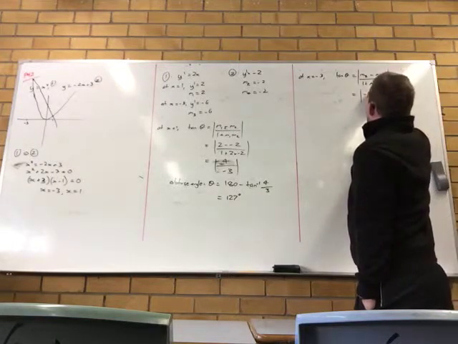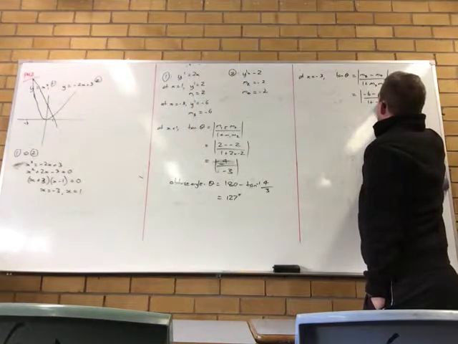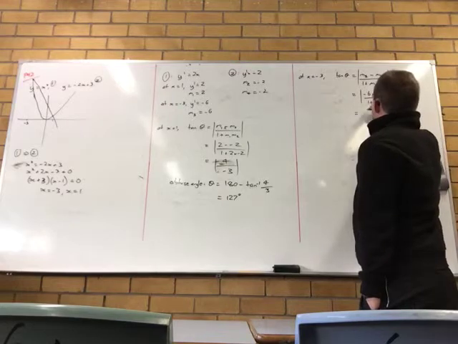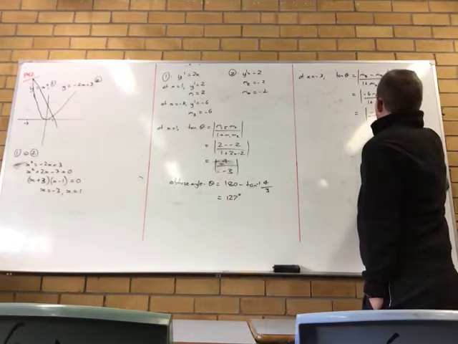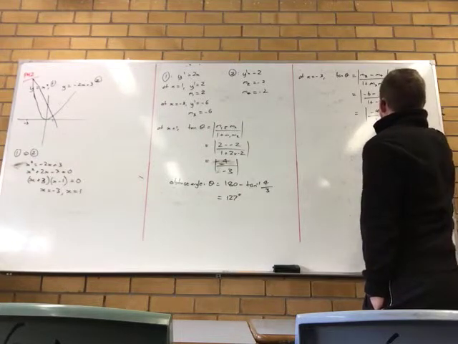So the absolute value of -6 take away -2, over 1 plus -6 times -2. So you have the absolute value of -4 over 13.